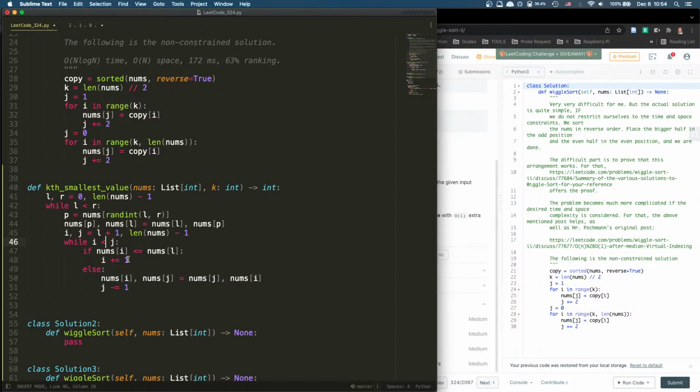If it's a small value, getting swapped, then if we say j minus equal 1, i and j meet each other, then that is actually not right.